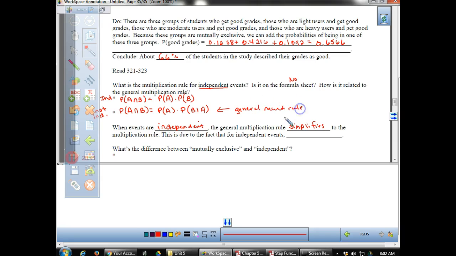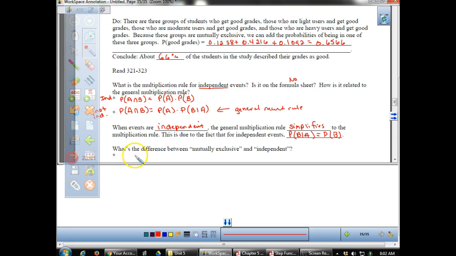And honestly, you don't ever need to know that that's what this is called. It simplifies to the multiplication rule. This is due to the fact that for independent events, the probability of B given A will equal the probability of B. So it simplifies down to the same value there. So in other words, you can always use the second formula, but it's just simpler to use the first one, obviously.